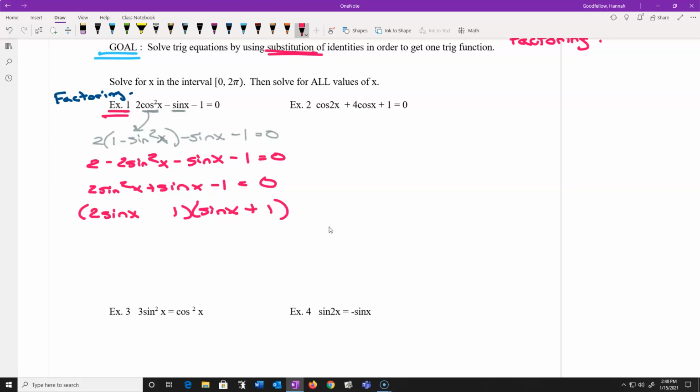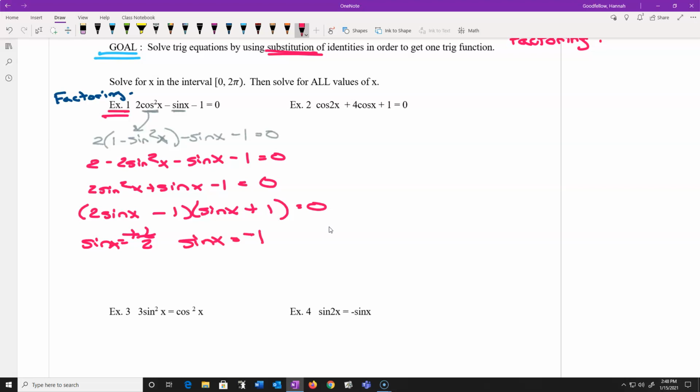So I'm going to make this one, the 1 times 2 sine x, be 2 sine x, and this one will be the minus variety. And now I've got it set equal to 0 and can solve for the individual values, where sine x is equal to 1/2, not a negative 1/2, and where sine x is equal to negative 1.